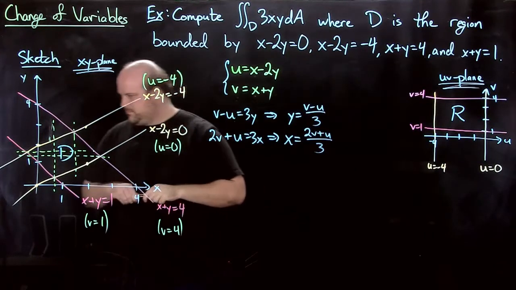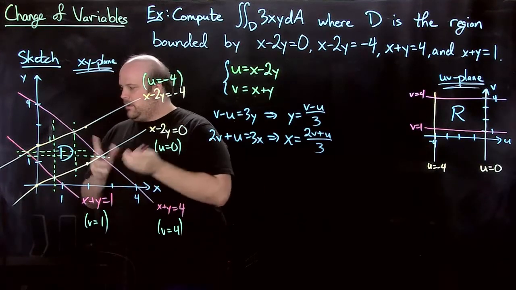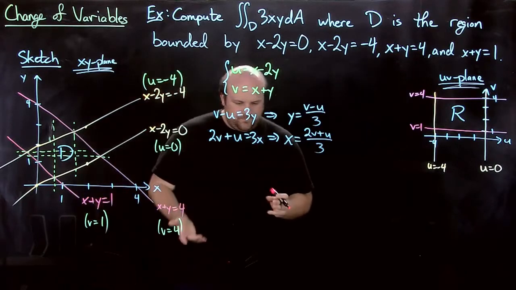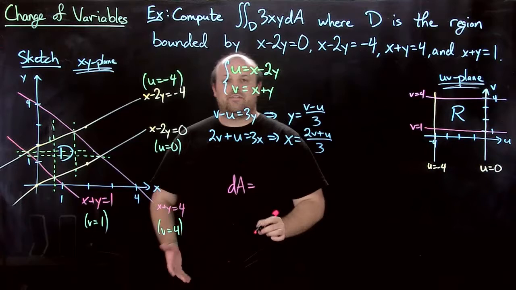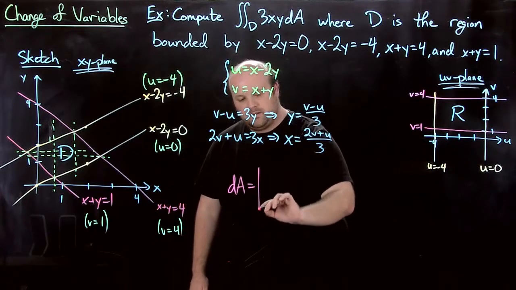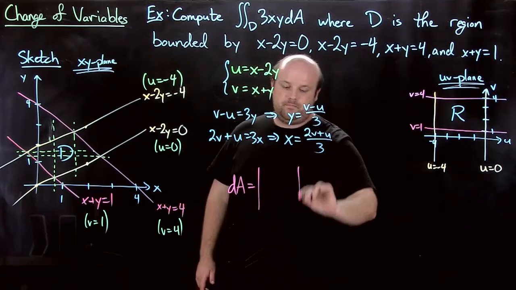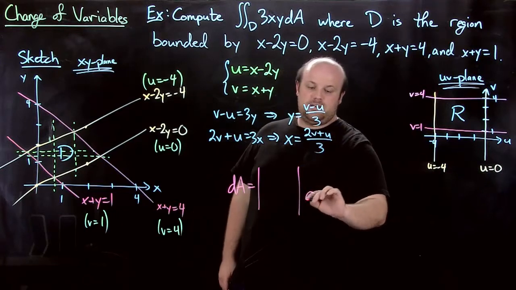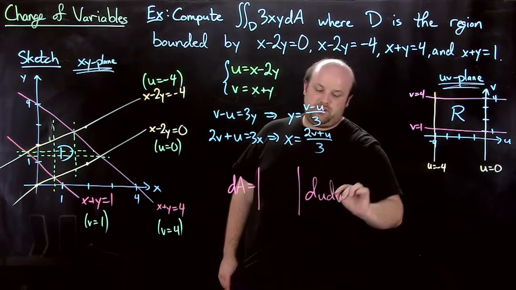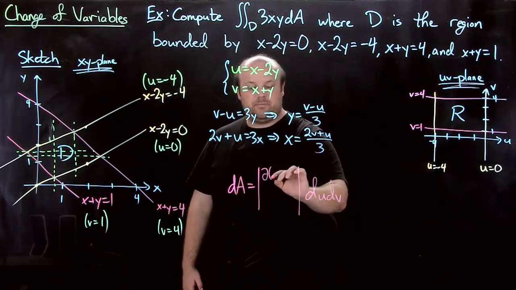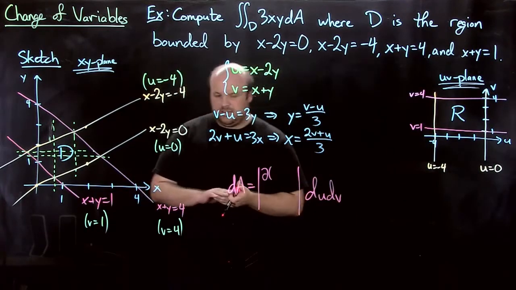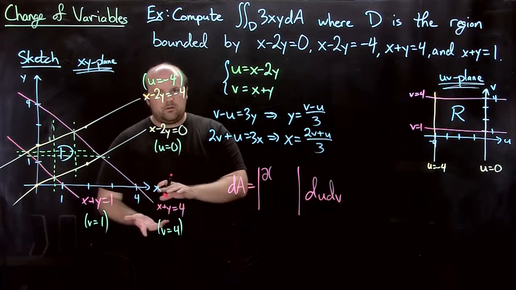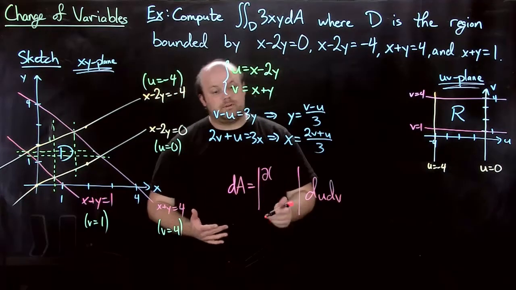Well, what it's given by, dA, will be given by something called the Jacobian, the absolute value of the Jacobian, and then we'll have du dv, right? And we denote the Jacobian by, we always here want to take sort of derivatives of the old variables with respect to the new ones.